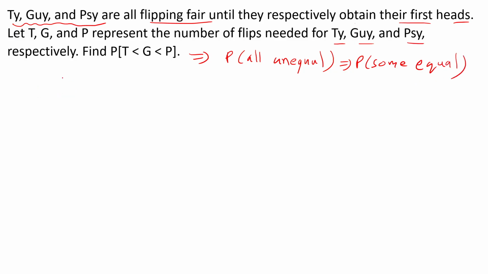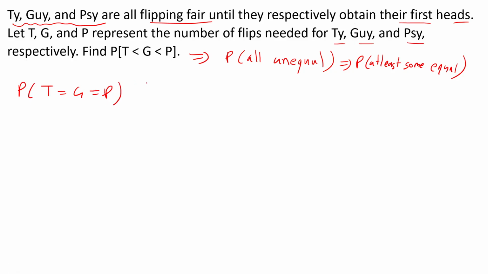Let's figure out first the probability that all are equal, T equals G equals P. Suppose they all get their first head in K turns.